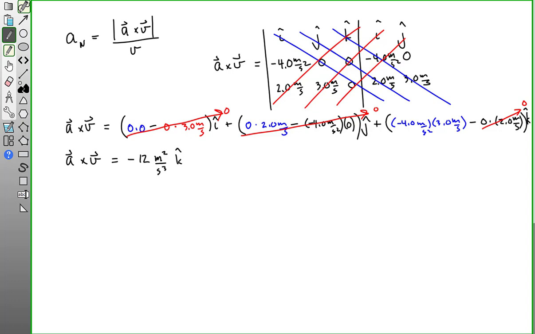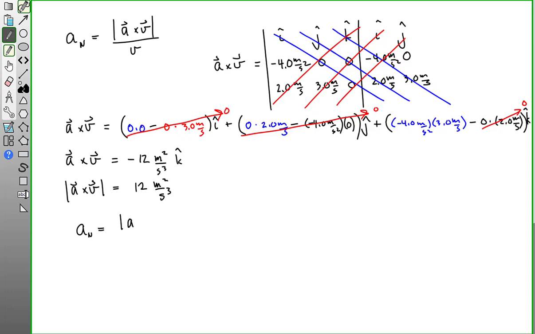Well, now that we have the cross product of acceleration and velocity, let's evaluate its magnitude. And for this problem, the magnitude is very simple to calculate. We have only one component, so the magnitude of this is 12 meters squared per second cubed. Now we're ready to find the normal component of the acceleration.